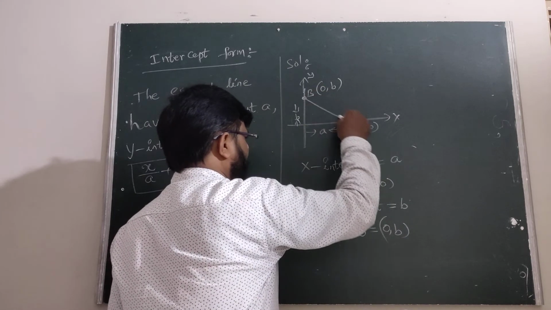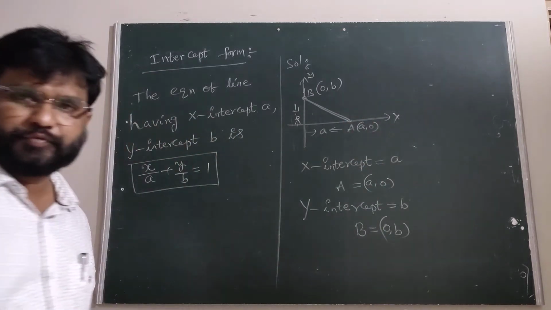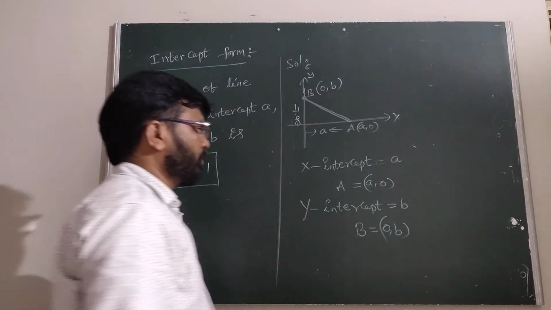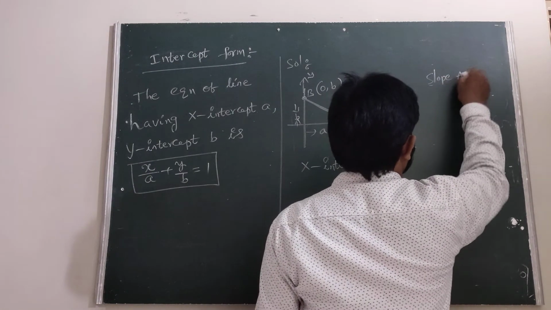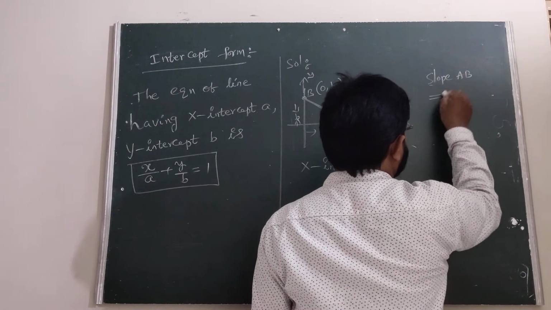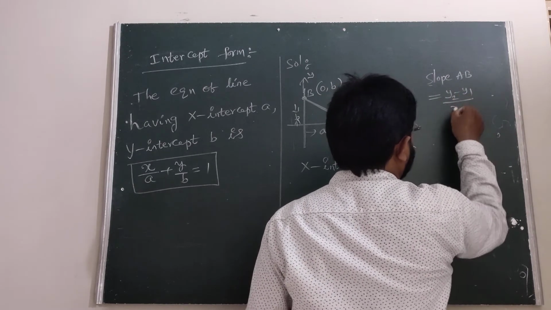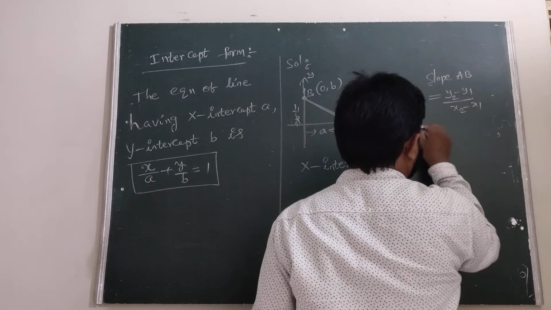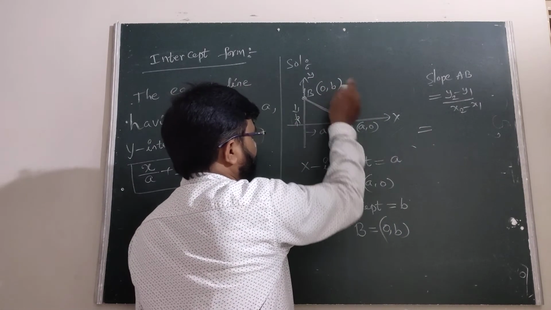Now we have to find the equation of AB. Therefore, first we find the slope of AB. The slope of AB is y2 minus y1 upon x2 minus x1. This is x1, y1, and this is x2, y2.